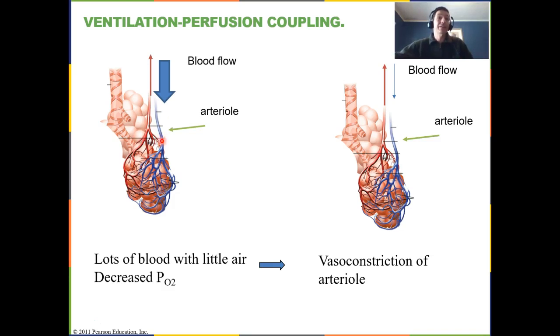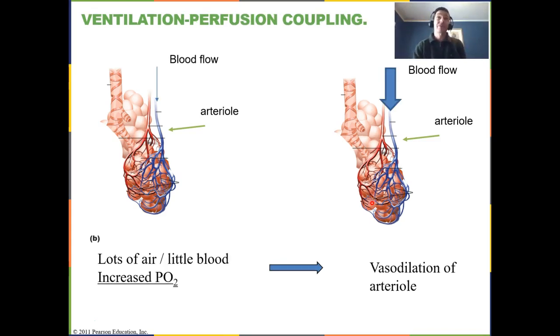And if it is sensing that there's low oxygen availability here, less ventilation, then it is going to cause vasoconstriction of the arteriole. So you start with lots of blood flow into this capillary, but because there's less oxygen there, you get vasoconstriction, and then there's less blood flow into the capillary surrounding that poorly ventilated alveolus.